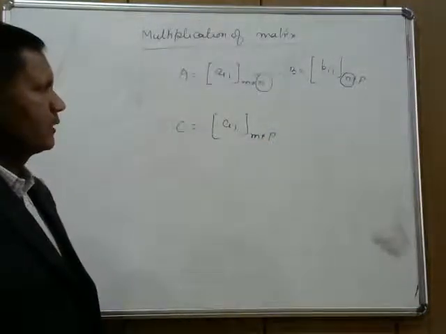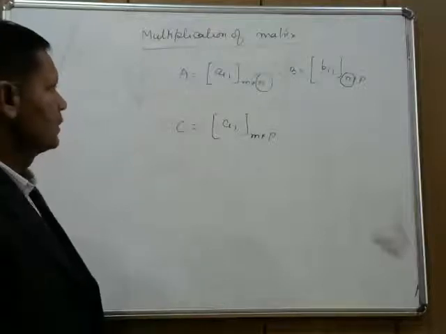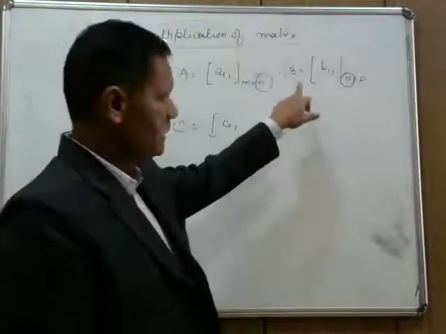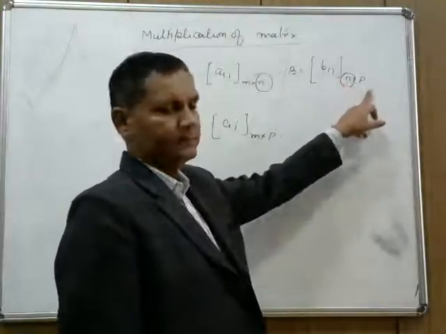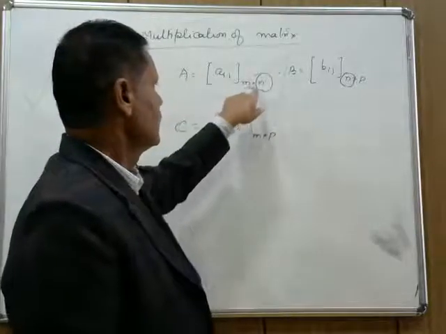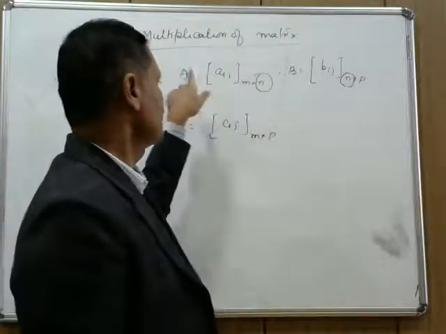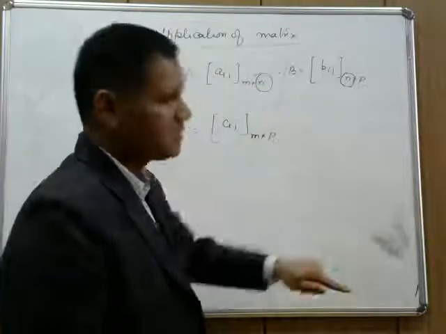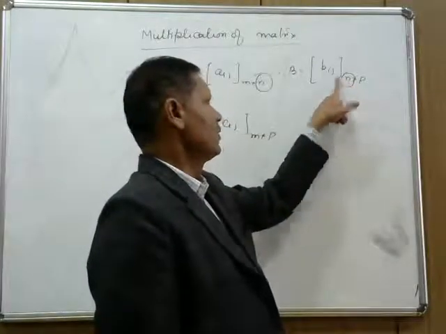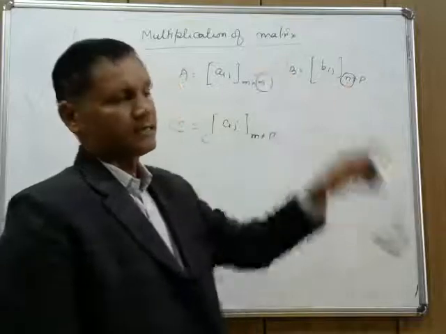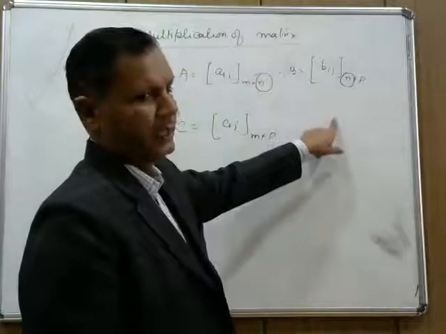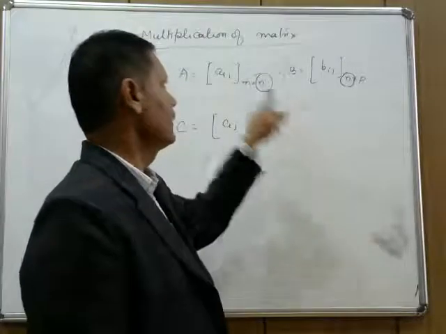I will give you the example right now. A is a matrix of order m by n, B is a matrix of order n by p. Very, very important. The number of columns of A must be equal to the number of rows of the matrix B, then only A and B can be multiplied and their product will have the order m by p.